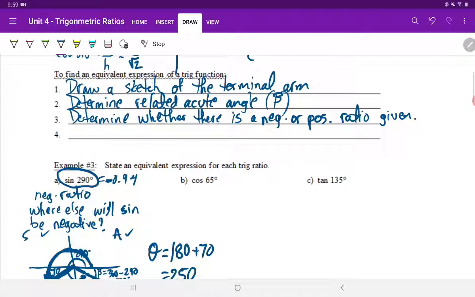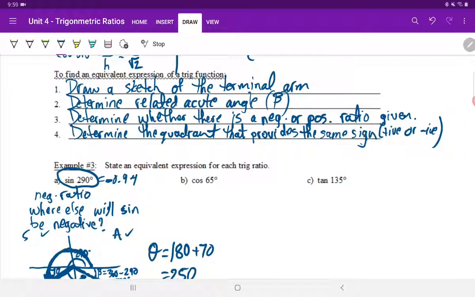Based on that, whether it's negative or positive now, you have to determine the quadrant that provides the same sign, so positive or negative.